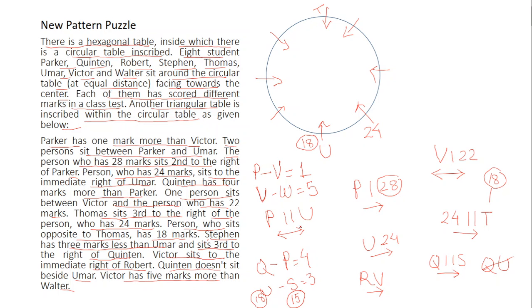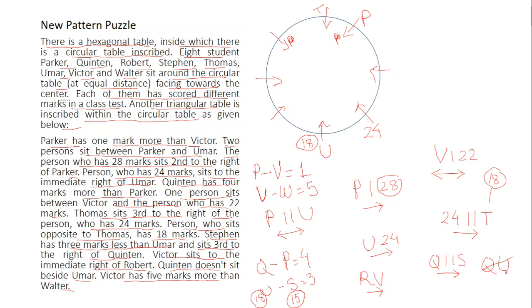Which condition can we take next? We can take U and two people sitting between them, and P. Then P can be either here or here. So let's take P first here. Now which condition can we take next?